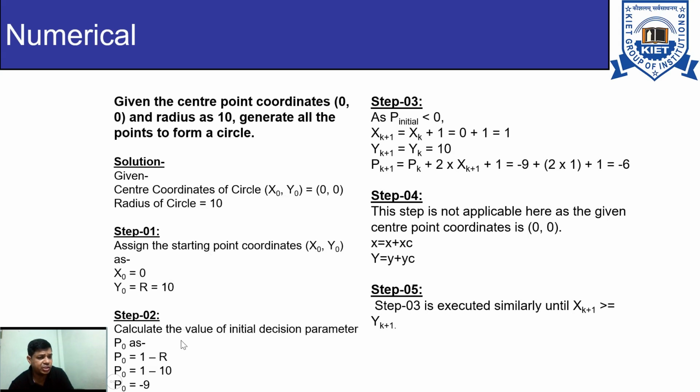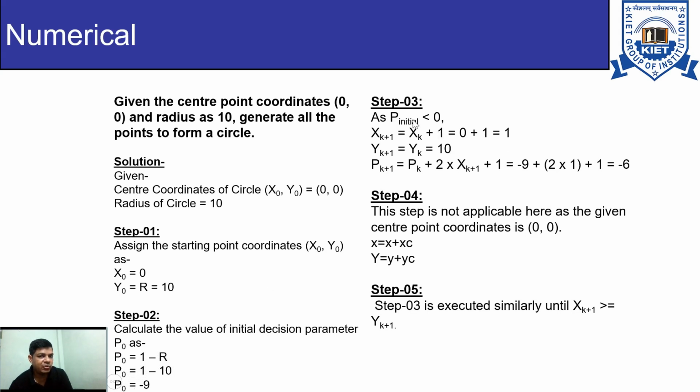We will start from the initial pixel parameter, and we know that the initial pixel parameter value p0 is equal to 5 upon 4 minus r, and we are assuming the value of 5 upon 4 as 1, because all the calculations that we are doing in Bresenham's algorithm are integer calculations. So the value of p0 becomes 1 minus r, so we will get the value of p0 as minus 9.